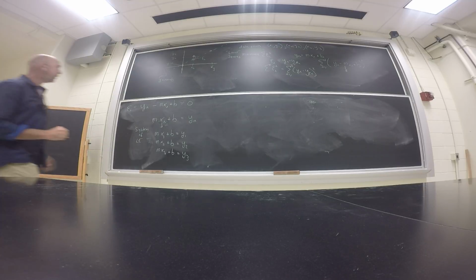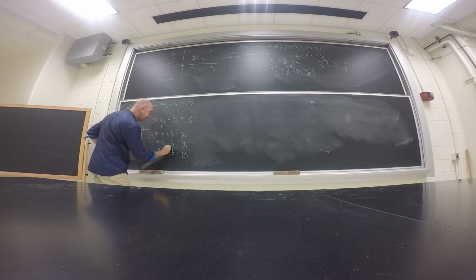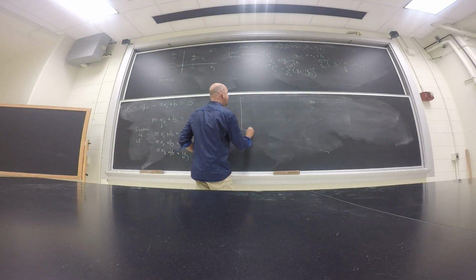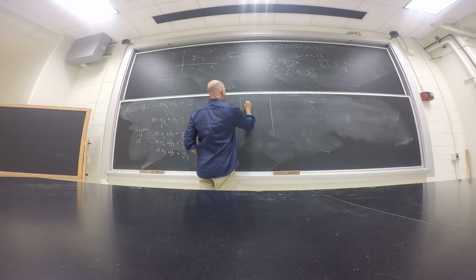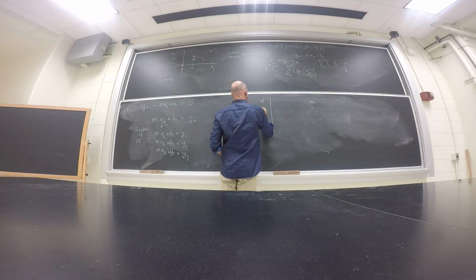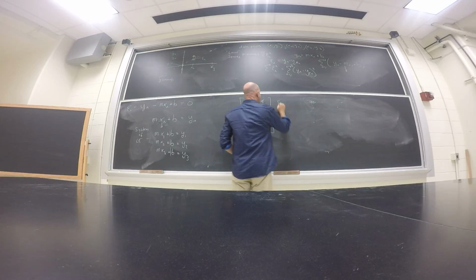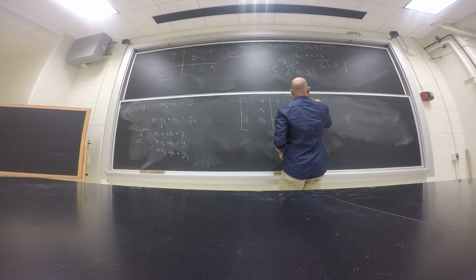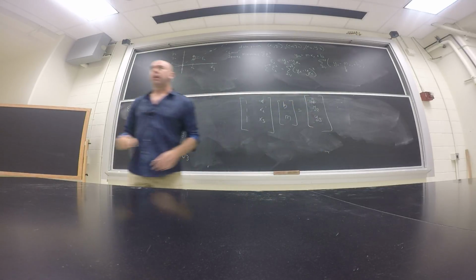So we can put a 1 in front of each of these, and we can write this set of equations as 1, 1, 1, x1, x2, x3, b, m, and then we've got y1, y2, y3. All right?